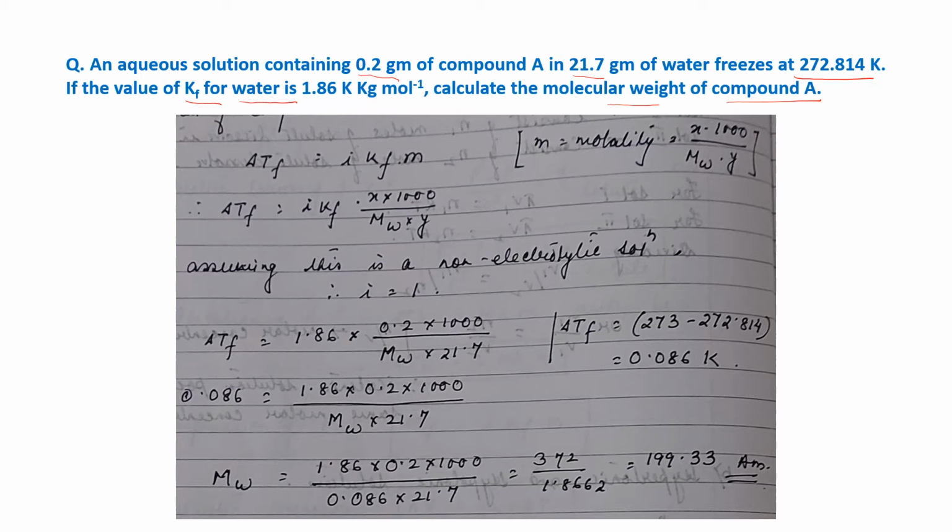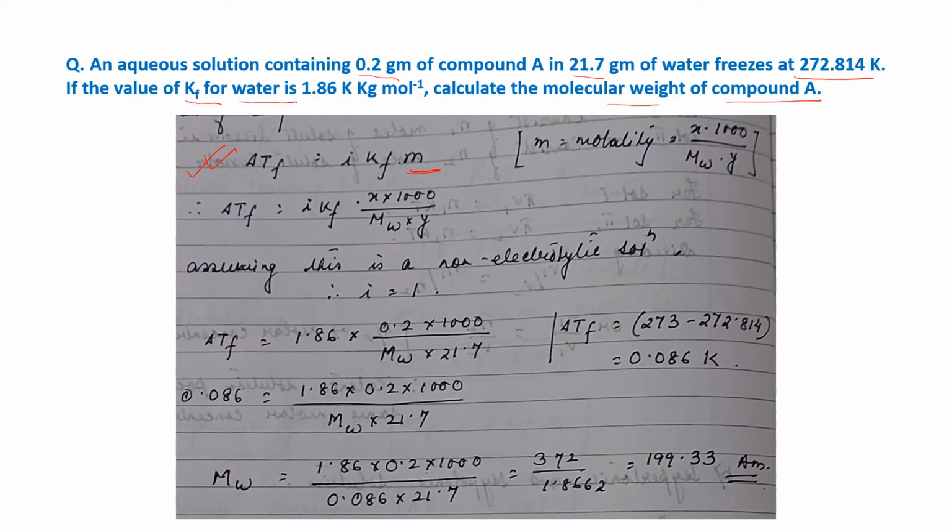Okay, now according to the formula, delta Tf is equal to i Kf into m, where m is the molality of the solution. Now molality is equal to X into 1000 divided by MW into Y. This MW is the molecular weight of the compound.